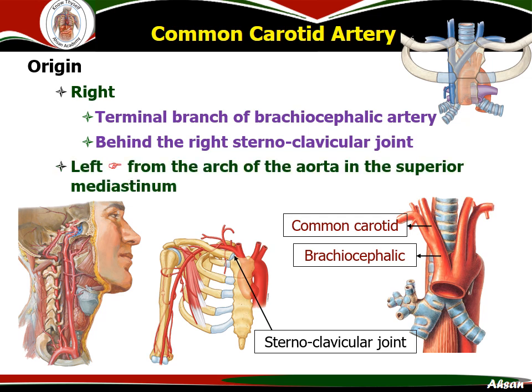On the left side, it arises from the arch of the aorta in the superior mediastinum, passes vertically and to the left, and crosses the sternoclavicular joint of the left side to become a structure of the neck. You can see the dotted line for the left common carotid artery on the right figure.